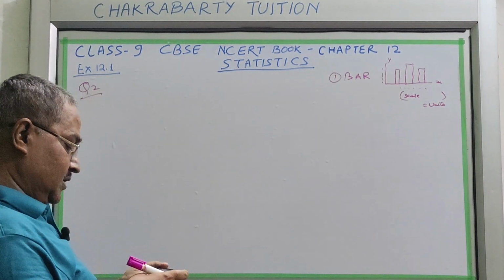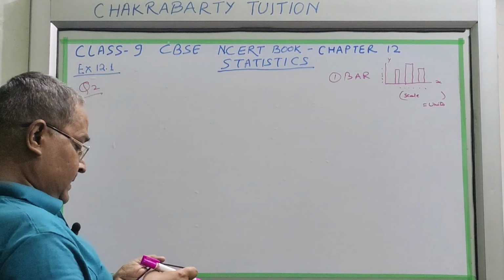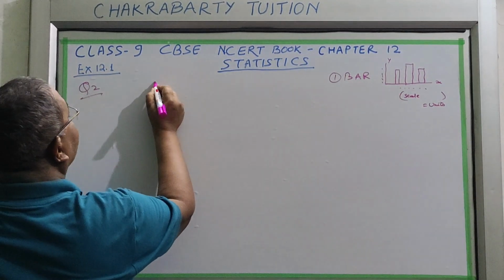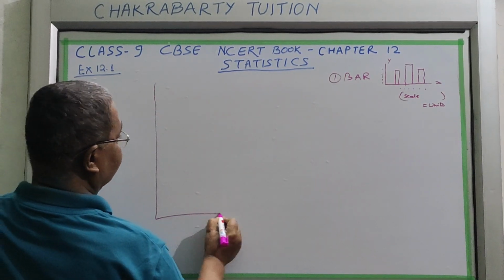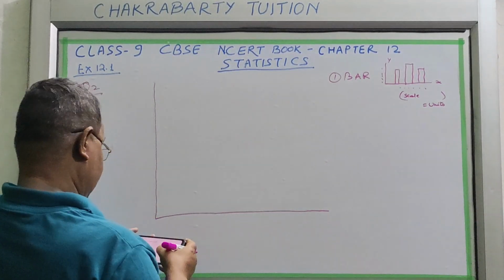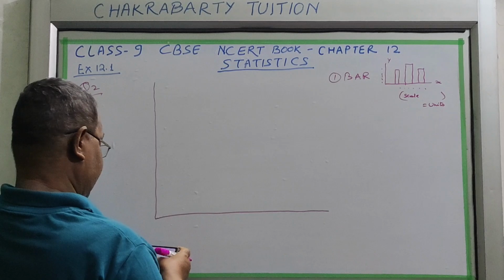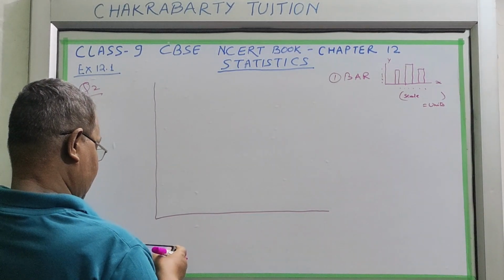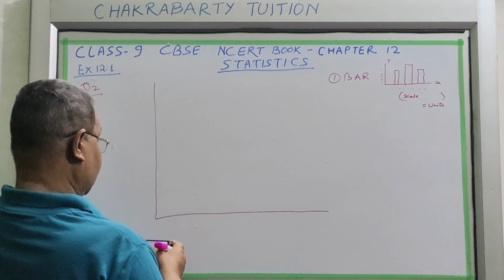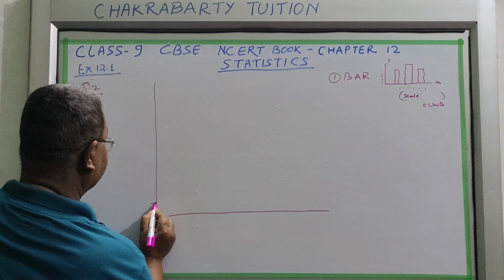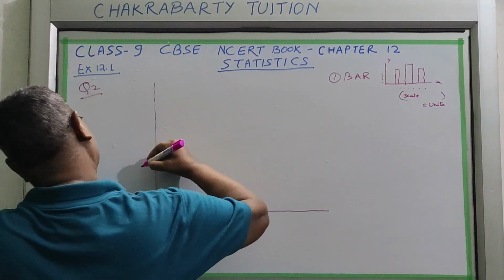So question number 2 we are going to do. We will plot it in this way. Here it is in hundreds. We will make girls per 1,000 here.